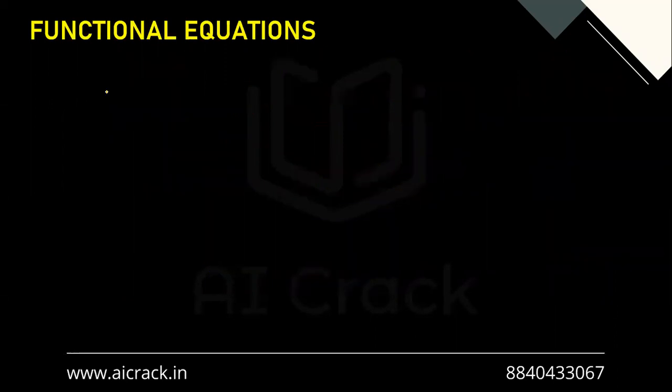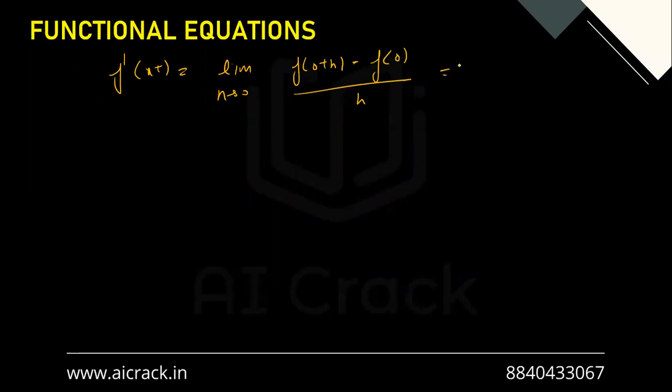Now we'll get f'(x) equals limit h approaches 0 of f(0+h) minus f(0) divided by h. This is nothing but f'(0). Now this is a constant number, let's say k. Now we know that the function is differentiable.